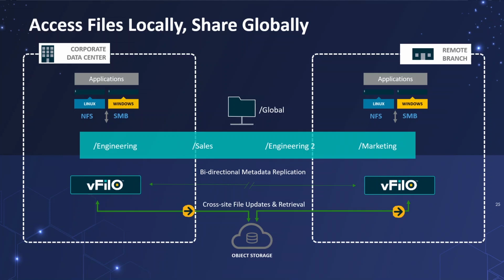This is an approach we call collision avoidance by vFilO, and that's a differentiation of vFilO from the other competitors. I know this is a little bit complicated, but I want to give you a very high-level introduction about global file share.